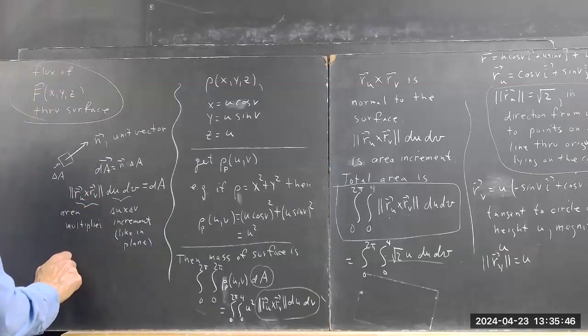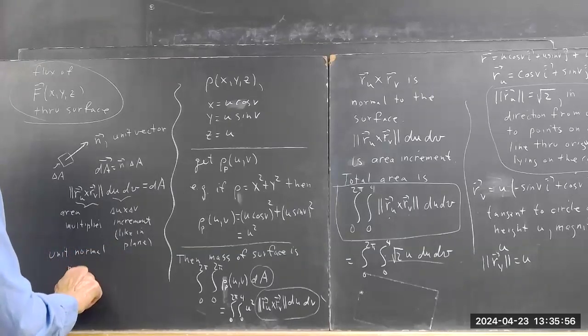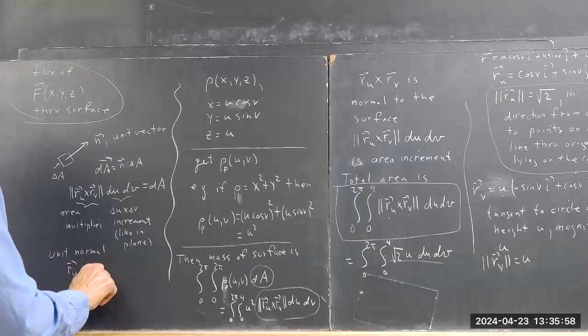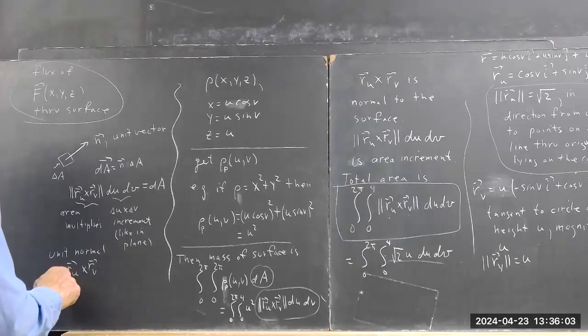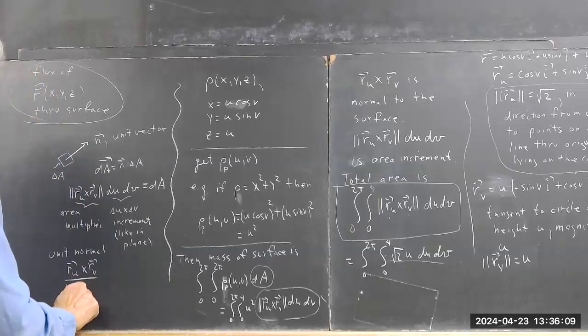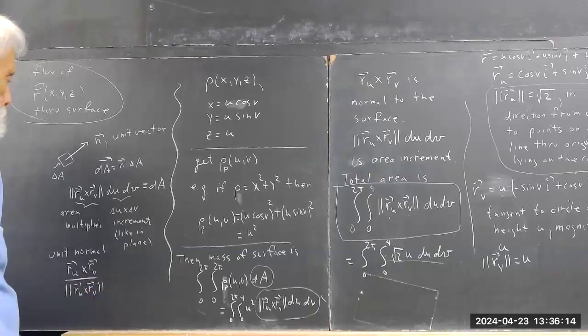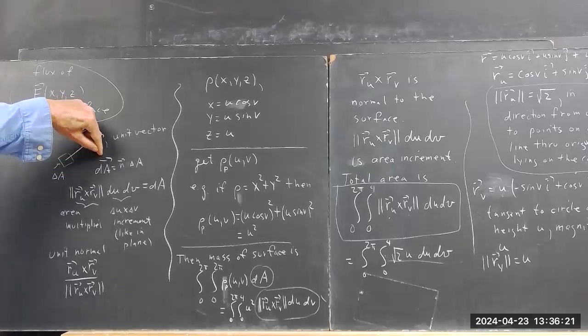Then your unit normal is RU cross RV divided by the magnitude of RU cross RV. So what is the vector dA?